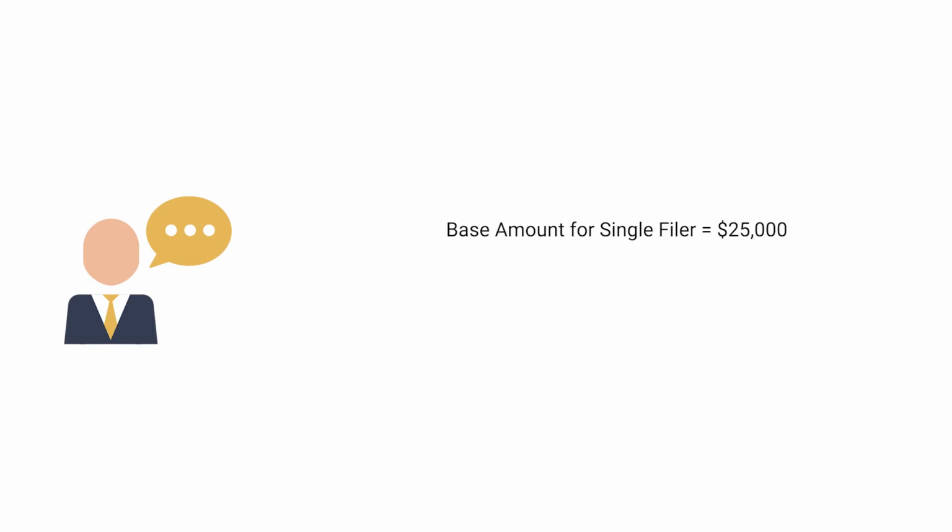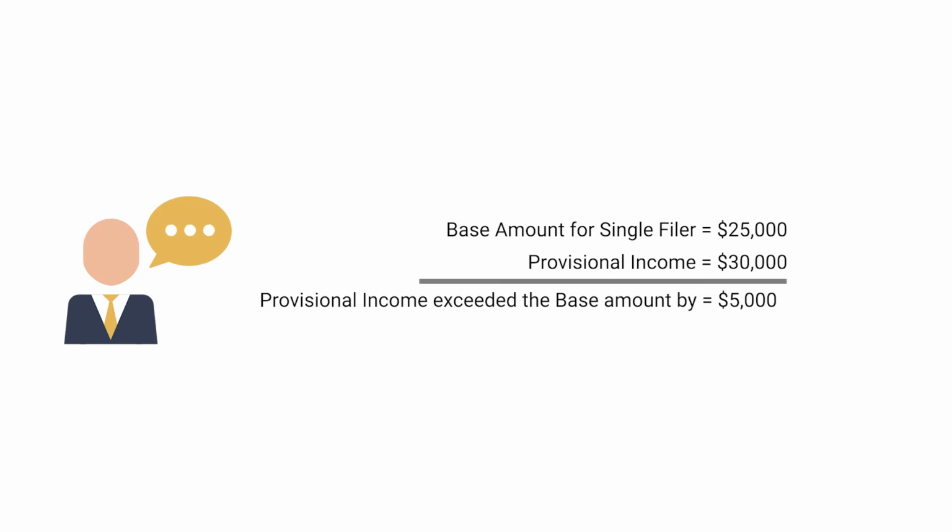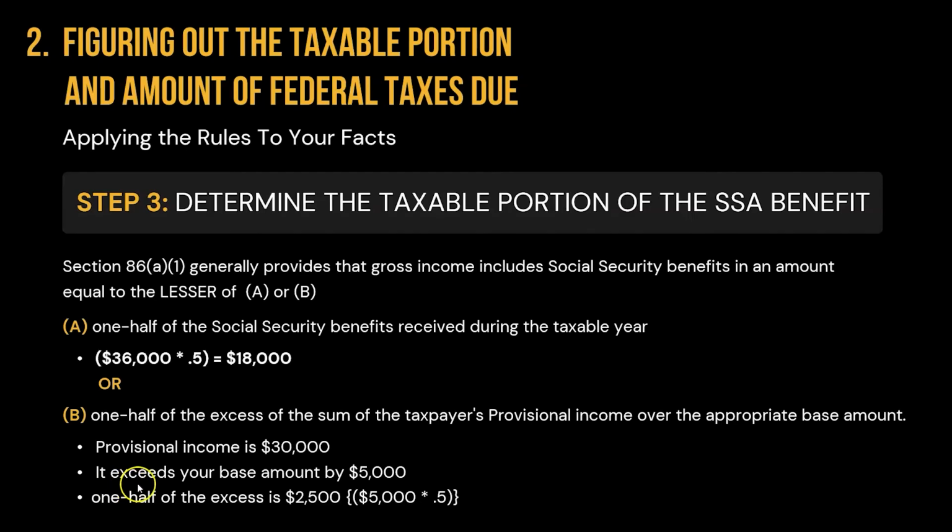So if your base amount is 25,000 and your provisional income is 30,000, that means that your provisional income has exceeded your base amount by 5,000. 30,000 provisional income minus the base amount 25,000, you get 5,000. It also says that once we have the excess, we should divide it by 2 or we should multiply it by 50%. What is 50% of 5,000? That's going to be 2,500, and that's what we have here.